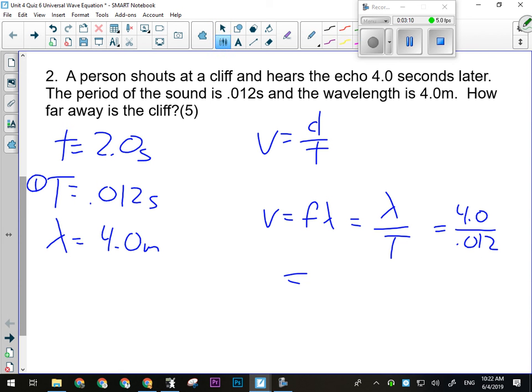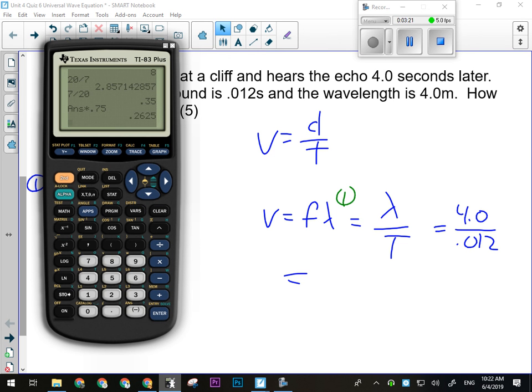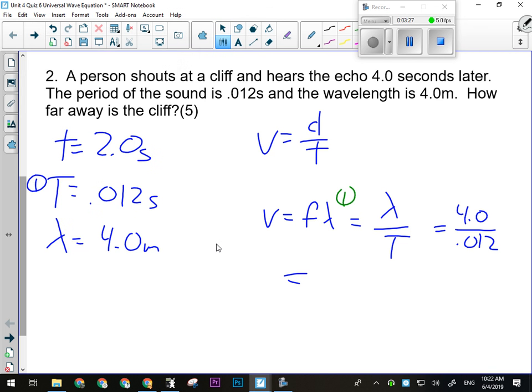So that's 1, 2 marks here, and then our 3rd mark will be for getting the speed. So 4 divided by 0.012 is 333.3 repeating meters per second.